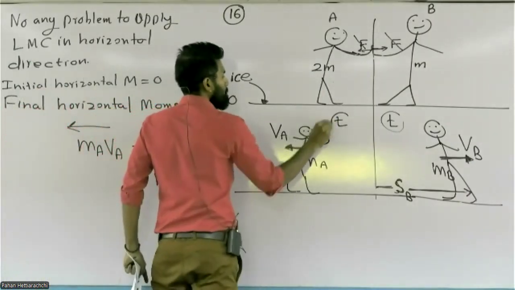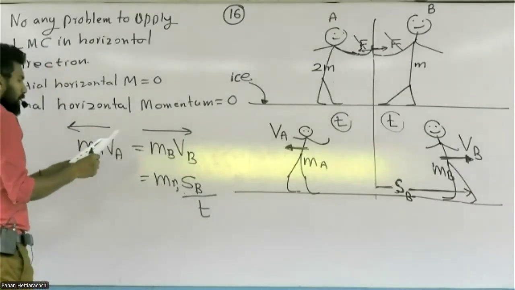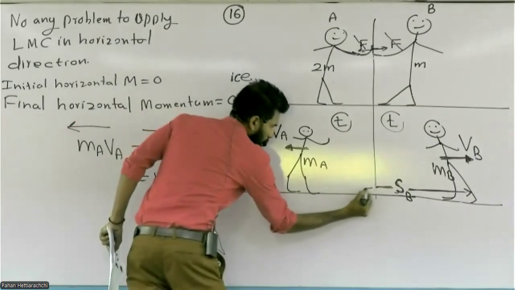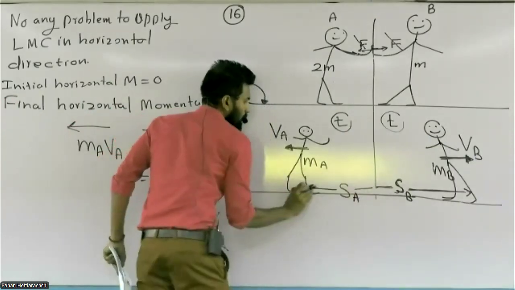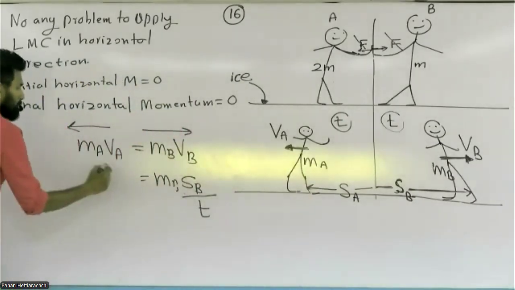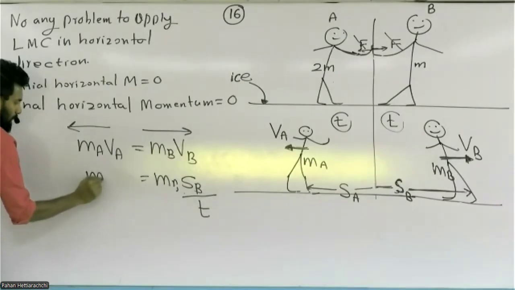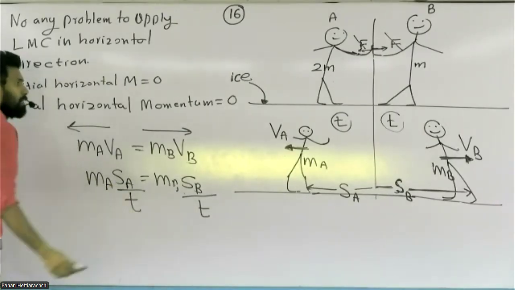Within the same time, child A has moved distance SA in this direction. So what is the method to explain his velocity? Displacement over time, SA over t.